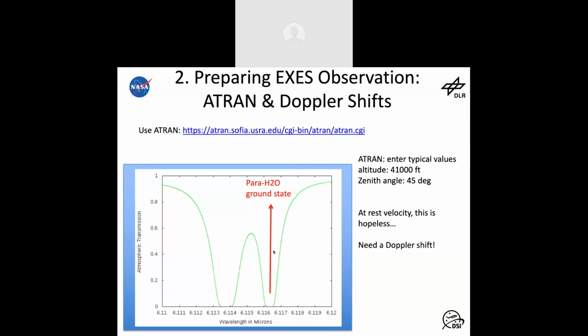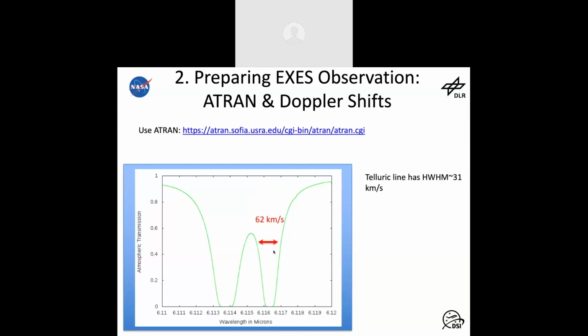Give it the EXES resolution, which we're saying is about 90,000 here. And clearly, because it's a low-lying, low-energy line of water in the atmosphere, the rest velocity is completely hopeless, and you can't integrate if there's no Doppler shift. What the model can tell you is that that line is about 62 kilometers per second wide.